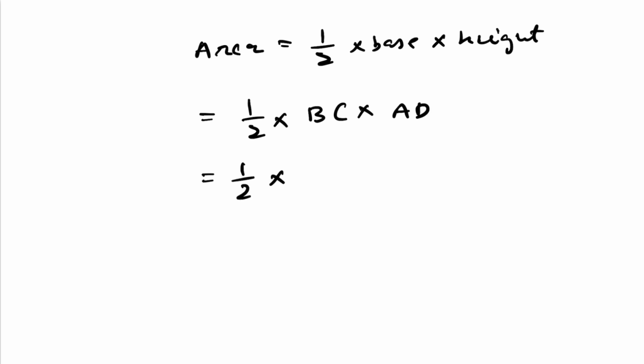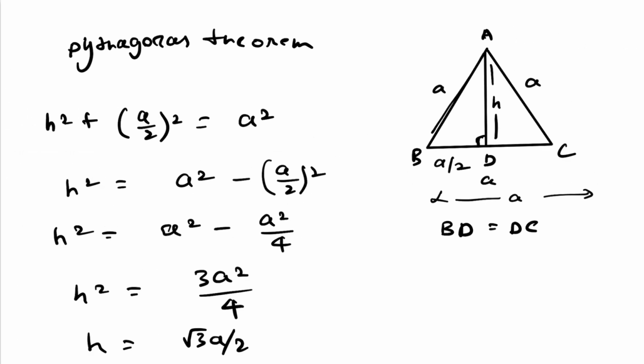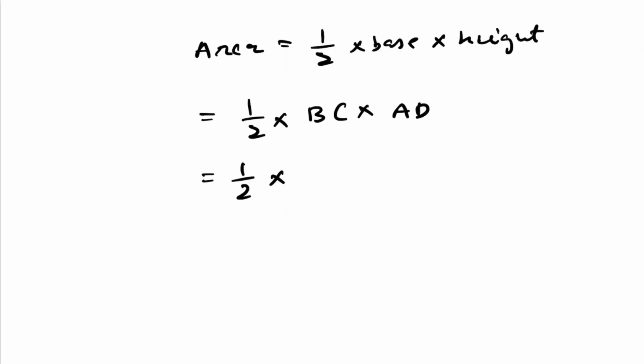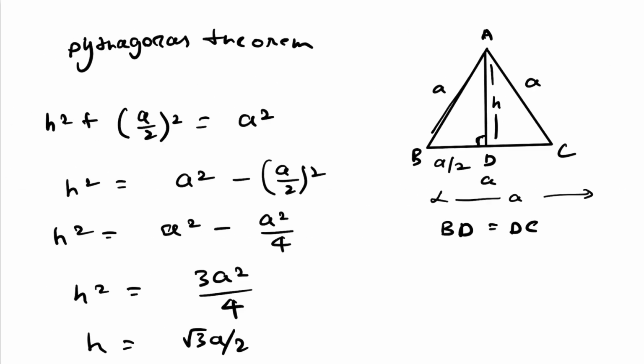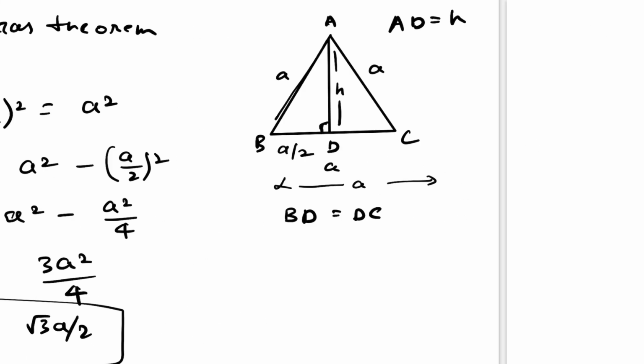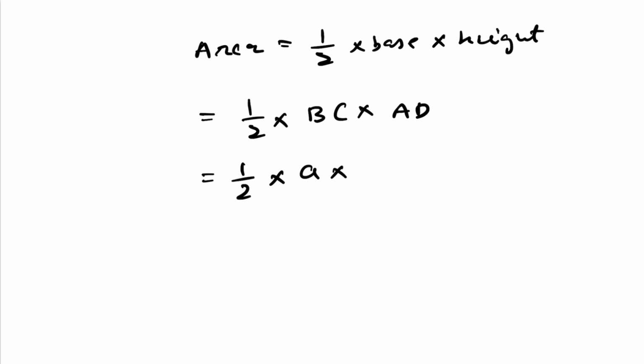So half, base is A, into AD, height H. AD is equal to H, and the value of H is root 3 A by 2. So the value of AD is root 3 A by 2.